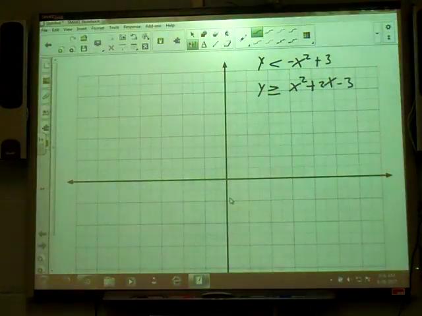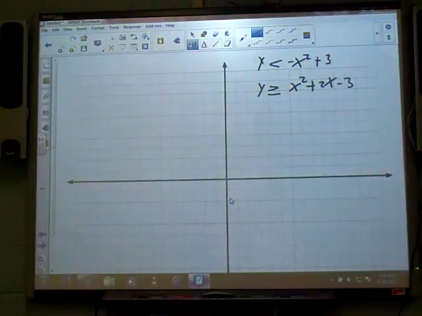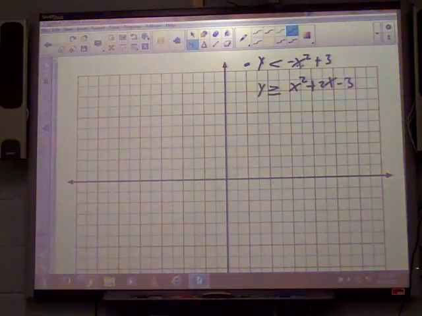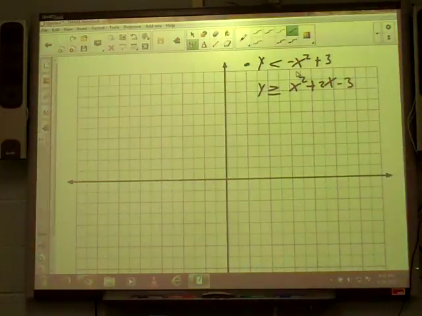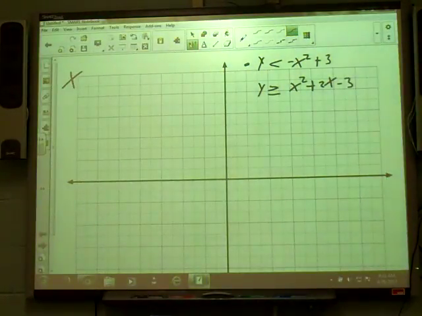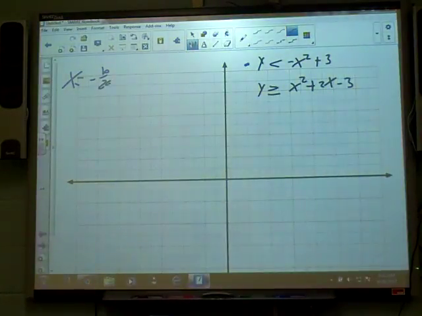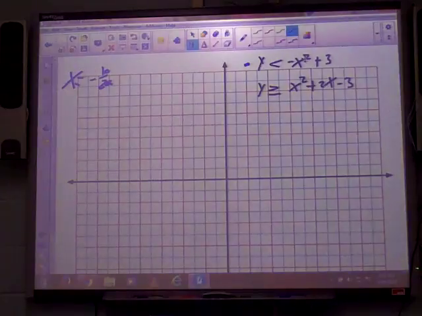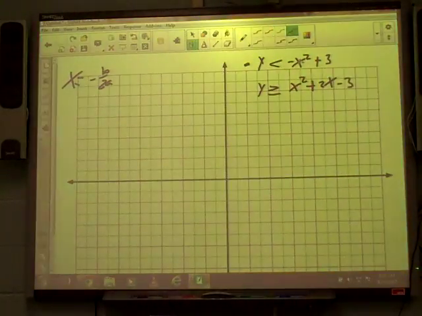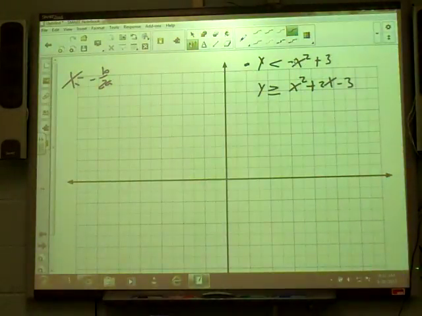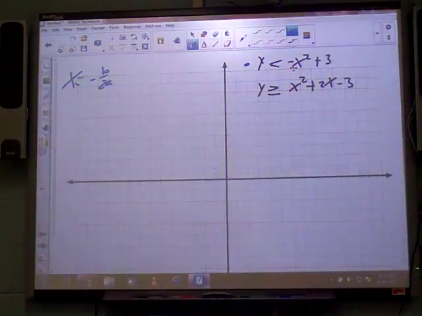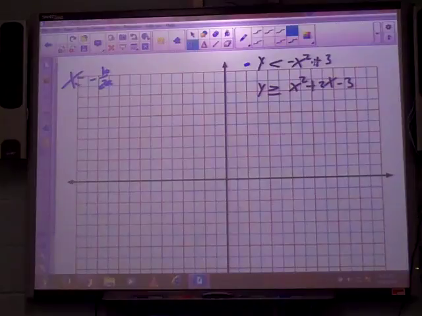Y is less than -x squared plus 3. So I'm going to make it be my blue one. We'll do this one in blue. Starts off the same. We got to find the vertex. X equals -b over 2a. But this one's easy because what's our b up here where my mouse is? It's 0. Good, Landon. My A is -1. I don't have a B. My C is 3.